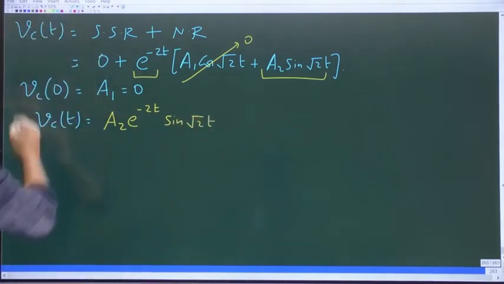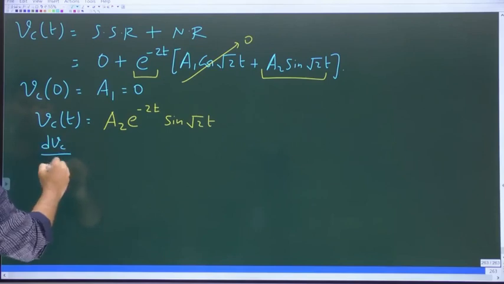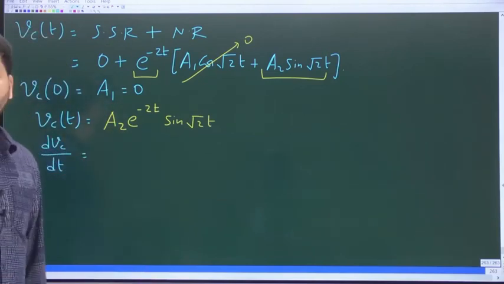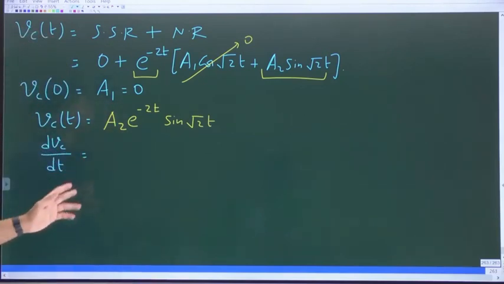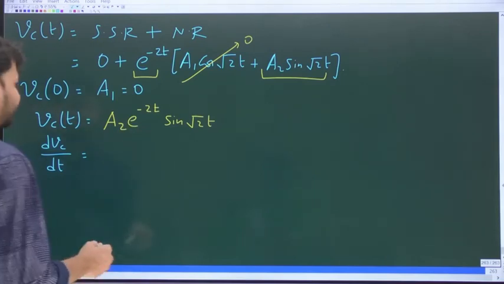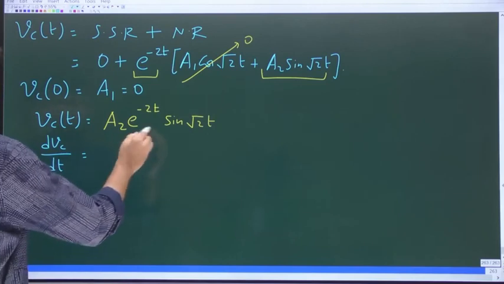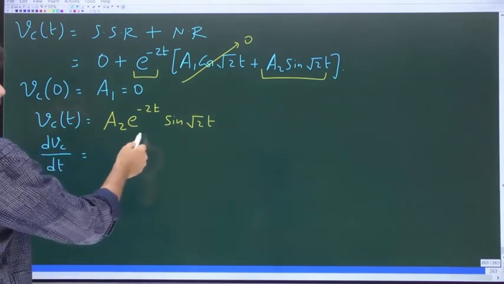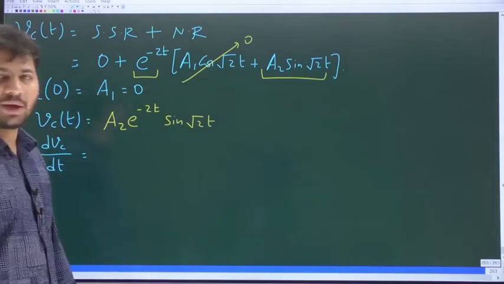Let us again differentiate this with respect to time. Left hand side will be dVc by dt. What is the derivative of the right hand side with respect to time? If you differentiate this, you first have to differentiate the exponential, then you should differentiate the sine function.